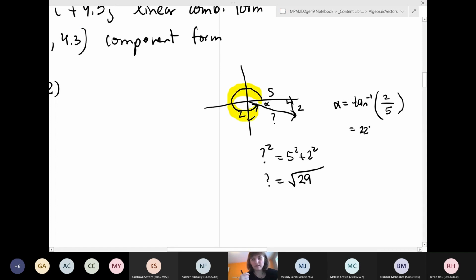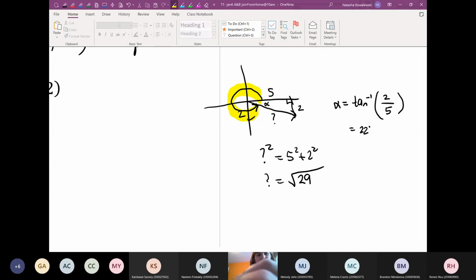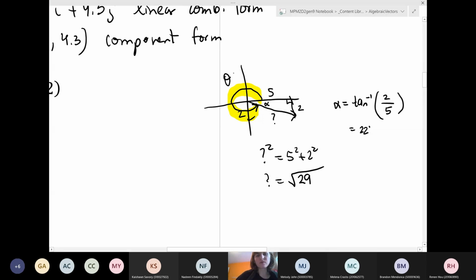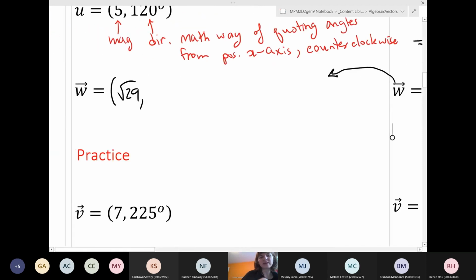Anyone? 338 degrees. That's right. So this theta, let's call that one theta, is going to be... And how did you find it, Renee? Just 360 minus 22. That's right. So 360 is like a full revolution minus the 22 degrees. Okay. And so if you were to put that over here, you'll say 338 degrees.